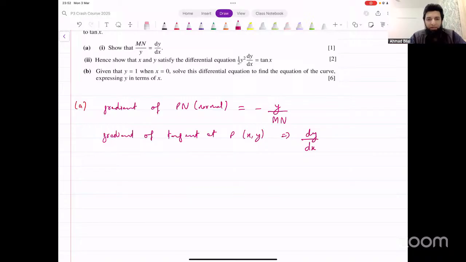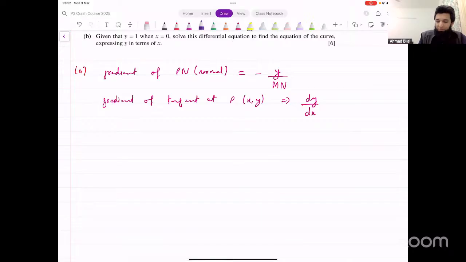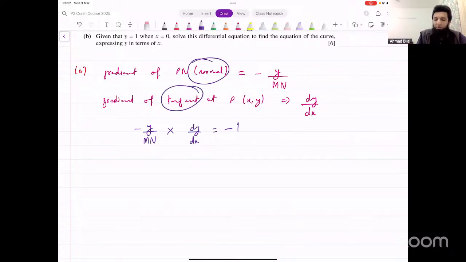They should be negative reciprocals of each other. If we multiply them, the result should be -1. So from this, it follows that minus y over MN times dy over dx should equal -1, right? Because tangent and normal, their gradients are negative reciprocals of each other, or we can say if we multiply their gradients, the result should be -1.